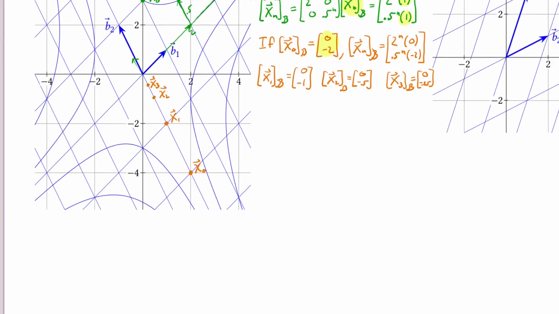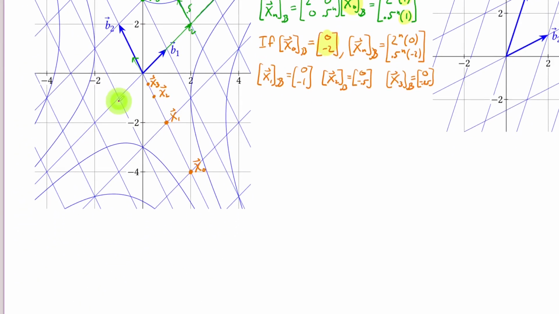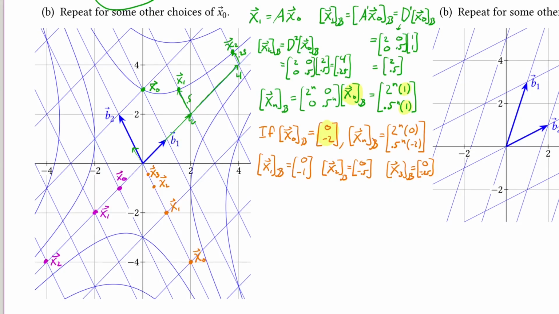And you can imagine that any multiple of B1, like if you had something here, this was your x0, the B1 coordinate would get multiplied by 2 and multiplied by 2 again. But you'd be doing 0 times the B2, which ends up doing 0.5 times that coordinate, which is 0, which doesn't do anything. Let's see.